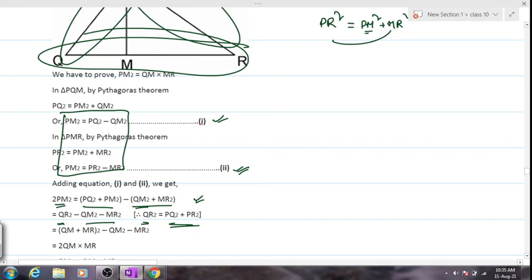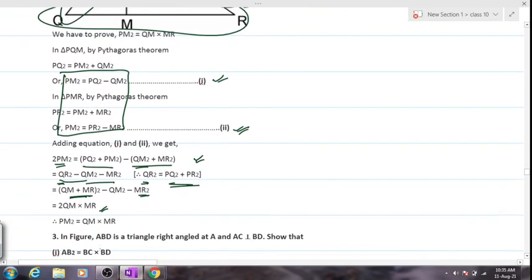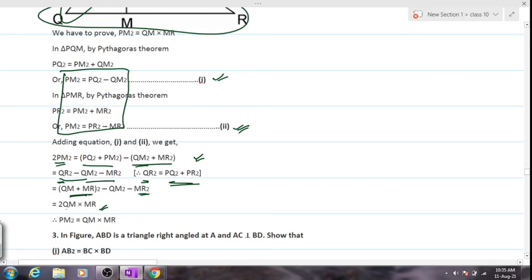Now is the interesting thing. We'll be adding and subtracting MR square. This will become QM square and this will become MR. And divided by 2 will go out here. We'll be left with PM square is equal to QM square plus MR square.